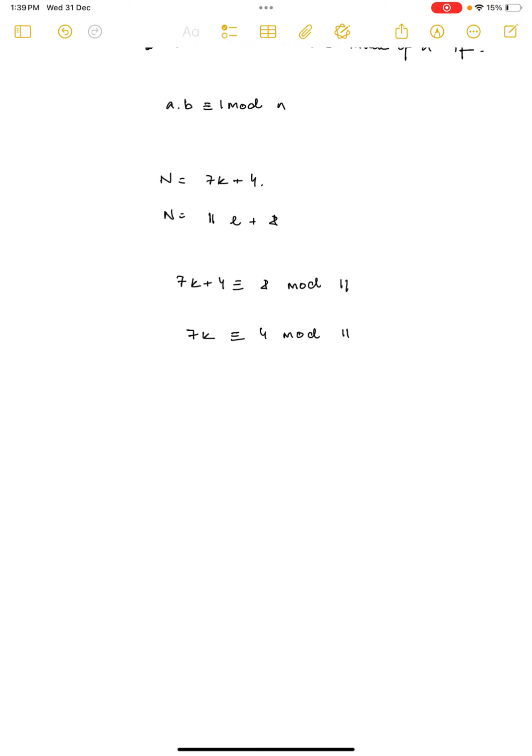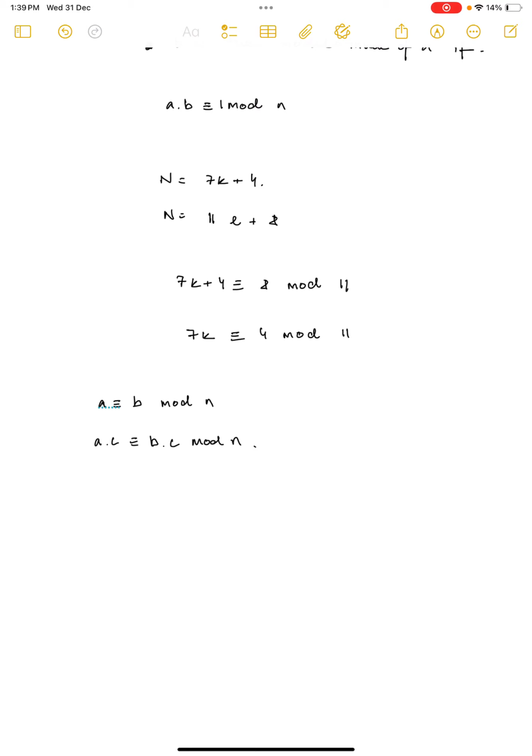Now when you have a congruent to b mod n, you can simply multiply it by a number c, mod n, right? But when you want to divide by some value c, it's better to convert it into a multiplication.